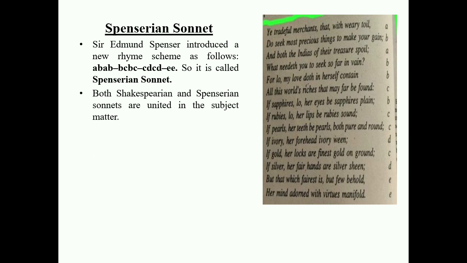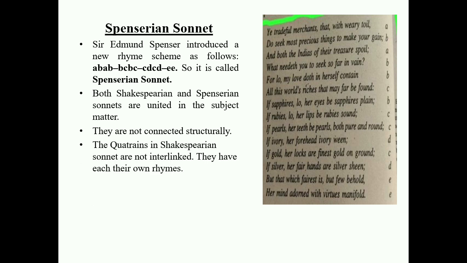Both Shakespearean and Spenserian sonnets are united in the subject matter. So there is no change in subject matter. But you can find they are not connected structurally, meaning the rhyme scheme is not the same in the Shakespearean sonnet and the Spenserian sonnet.